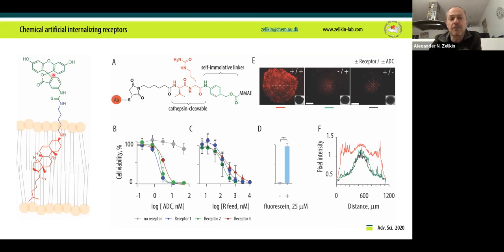And this becomes a very bioorthogonal cognate pair with high affinity between fluorescein and antifluorescein antibodies. So we make an antibody drug conjugate that has this cathepsin cleavable linker, and to it we attach monomethyl auristatin E, a very potent toxin. And you can see that this pair affords nanomolar potency of drug delivery. It's a bioorthogonal receptor with nanomolar potency of drug delivery.